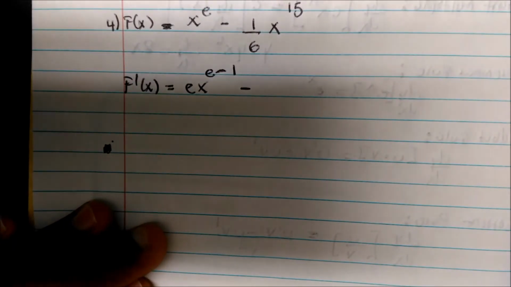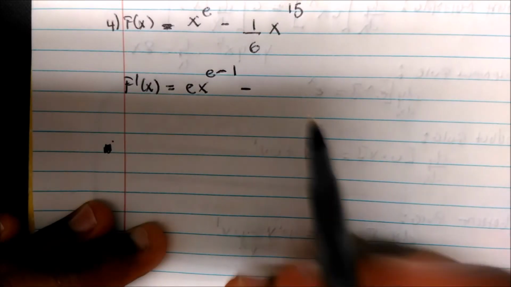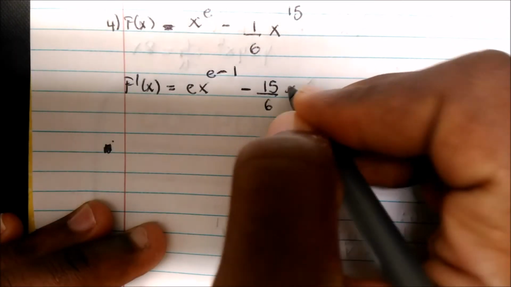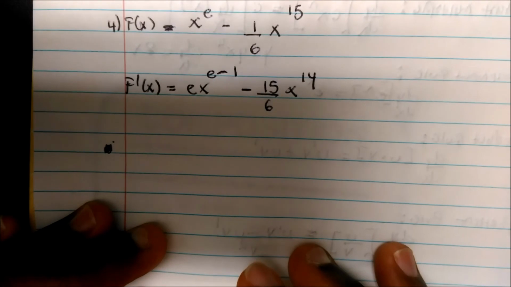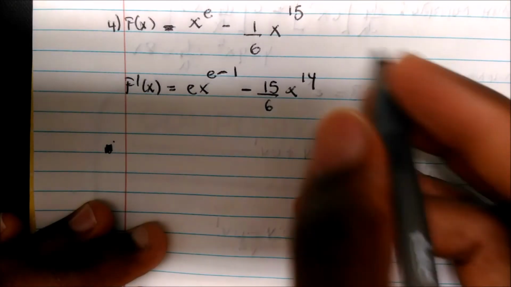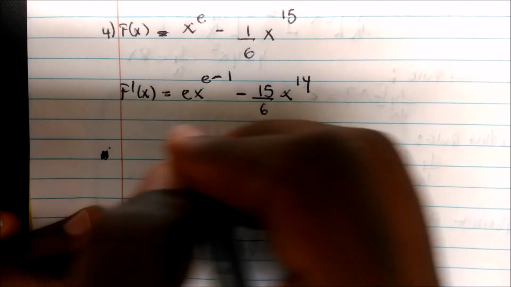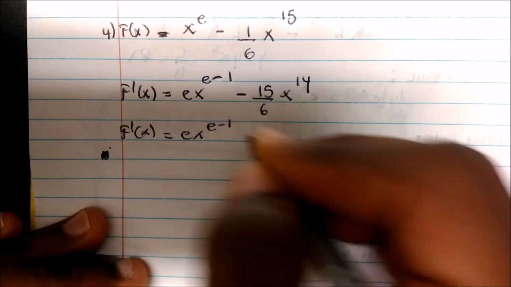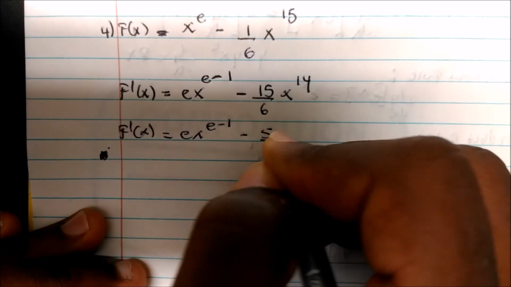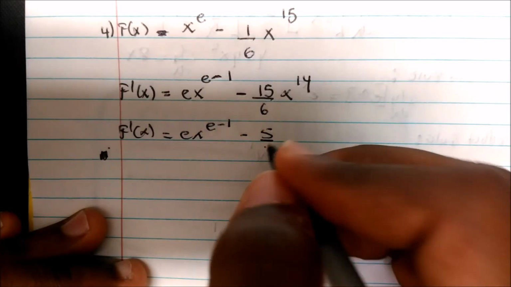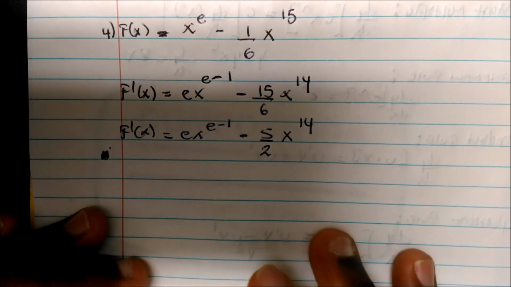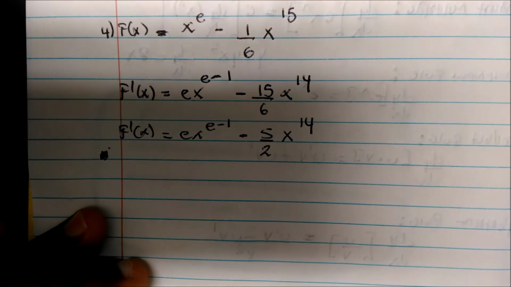Minus, now interestingly, again, this is just a number, so we'll bring down the 15, so this is just 15 over 6, x to the 4th, and we could probably simplify this to 5 halves. So f prime of x will now be e x to the e minus 1 minus 5 halves x to the 4th. Right? And those are a couple of derivatives.